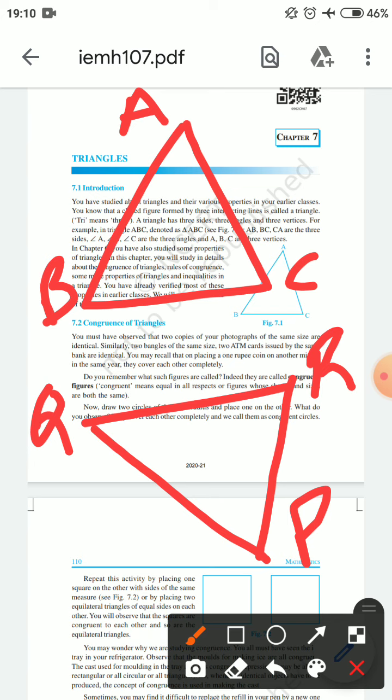Let us see why we are not saying that these two triangles are the same. As you can clearly see, the orientation of triangle PQR is not the same as the orientation of triangle ABC.